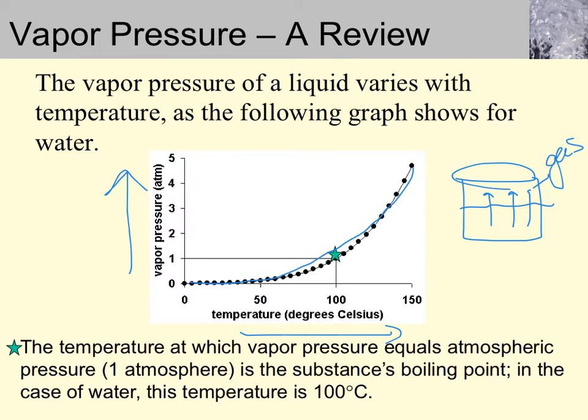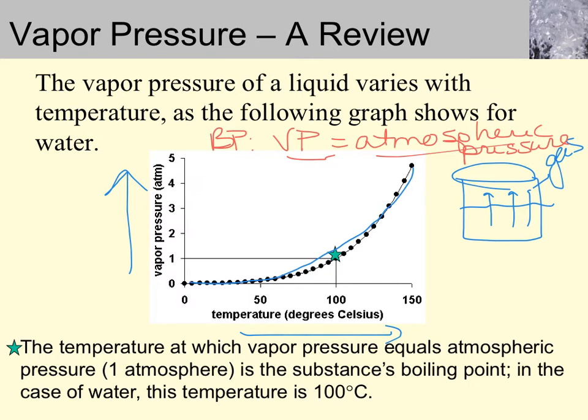Now, what is boiling point? Boiling point is the temperature at which vapor pressure equals atmospheric pressure. So here's atmospheric pressure, 1 atmosphere, normal pressure around us.